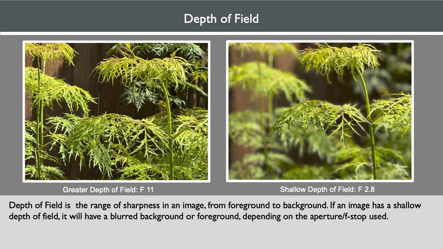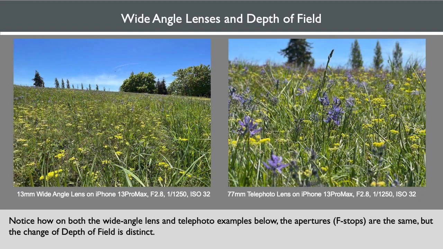Depth of field is the range of sharpness in an image from foreground to background. If an image has a shallow depth of field, it will have a blurred background or foreground, depending on the aperture or f-stop used. Focal length makes a difference.